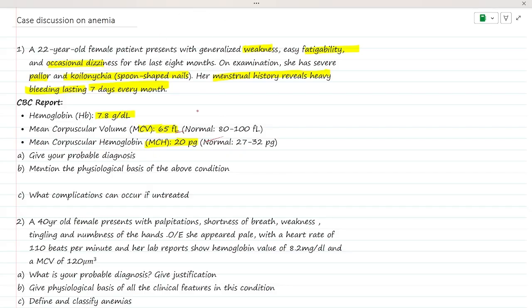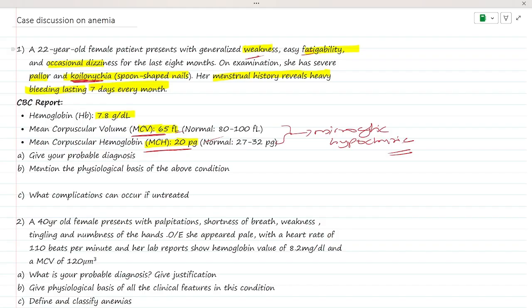First, we look at the blood indices. MCV is decreased and MCH is also decreased, so the morphology of RBC is microcytic hypochromic. In the question, the specific symptom which suggests iron deficiency anemia is koilonychia.